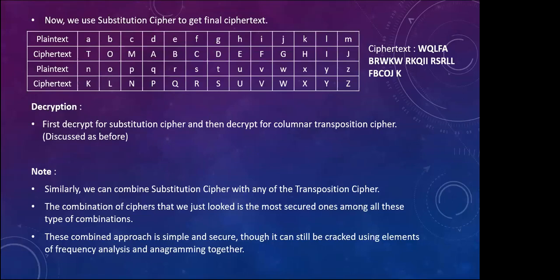Similarly it goes for other combinations also. For decryption we first use substitution cipher decryption and then the particular transposition cipher decryption and get our plain text. As I have told, among all the combinations, this combination is more secure.